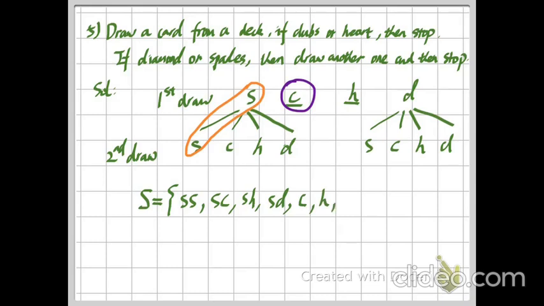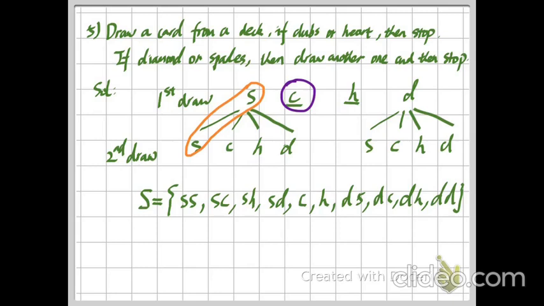And then after this, we go back to 2 draws. So it's DS, DC, DH, and double D. Okay, so in total we can have 10 possible outcomes for this experiment.